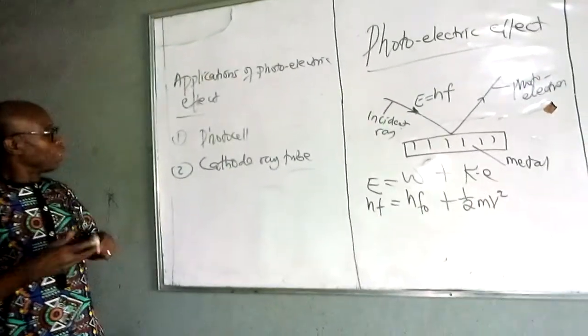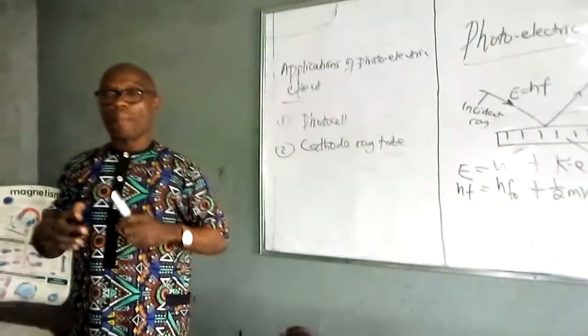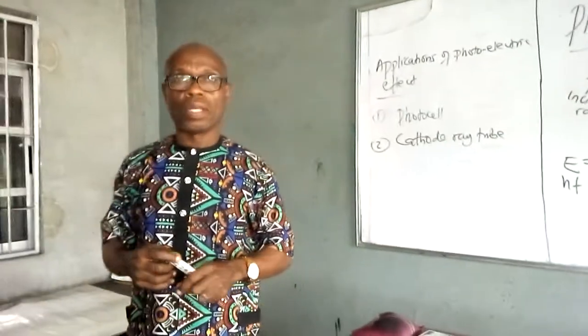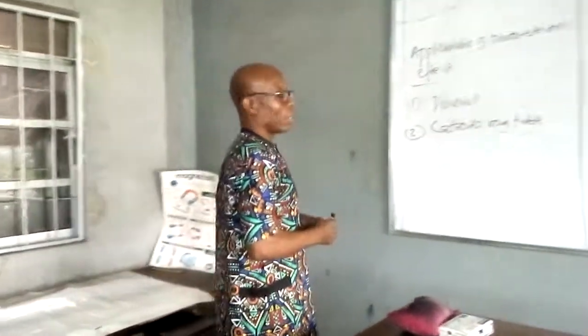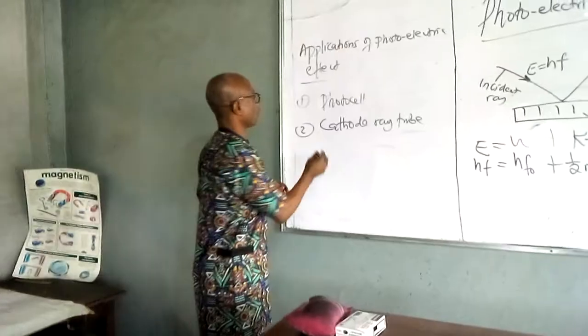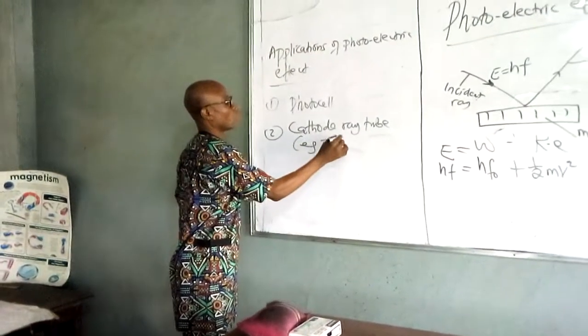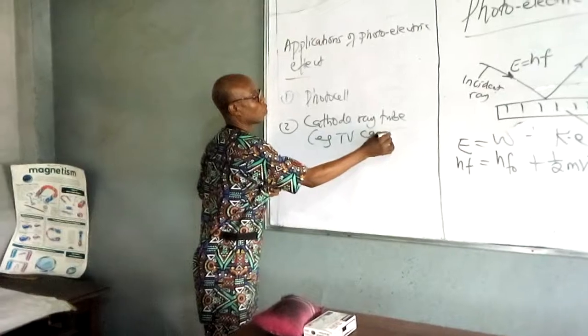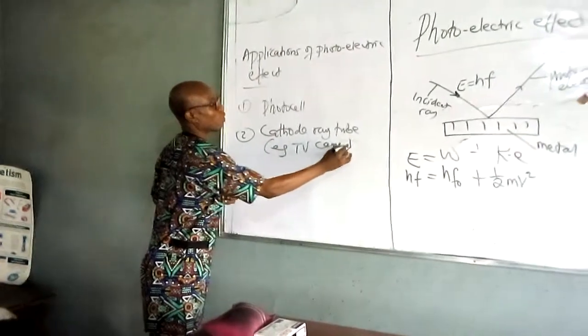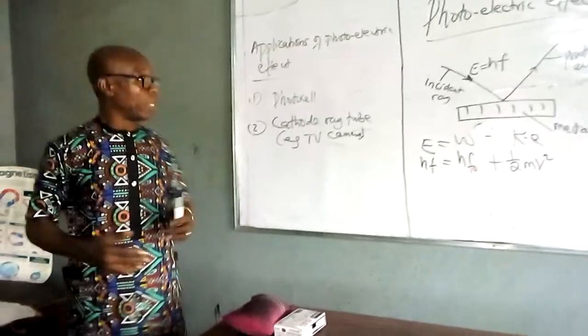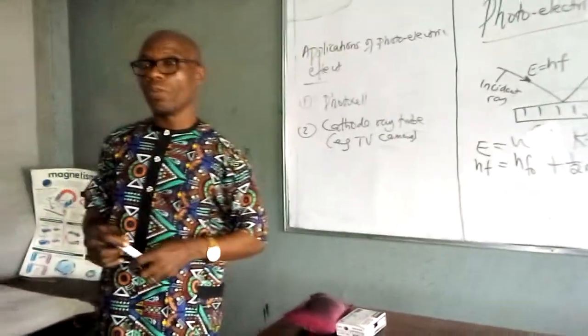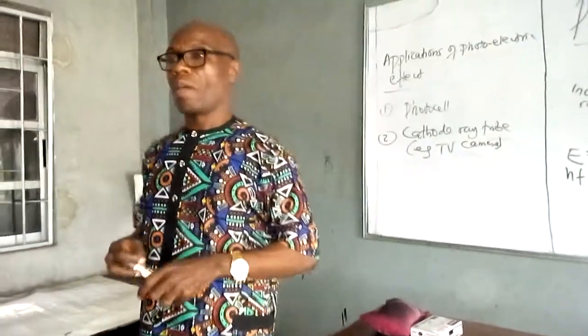Photoelectric effect is applicable in cathode ray tube, for example, television camera. So, these are the uses of photoelectric effect.